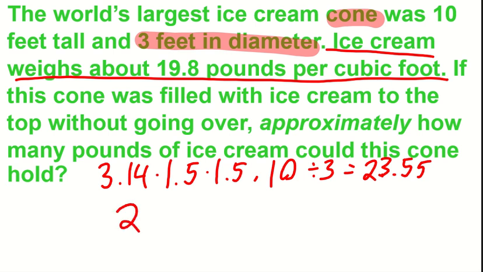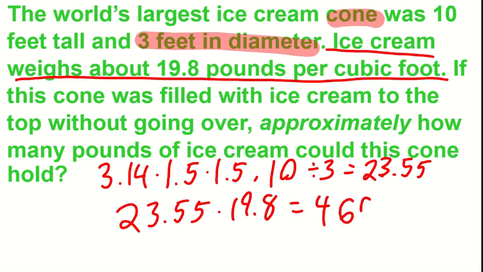So take that 20. And when you see the slope words, like each, every, per, that means you're going to multiply. So we're going to multiply this out, and 19.8 times the 23.55, that's going to give me 466.29.